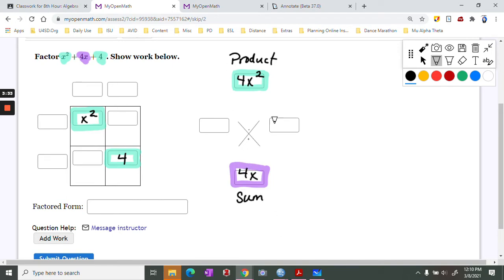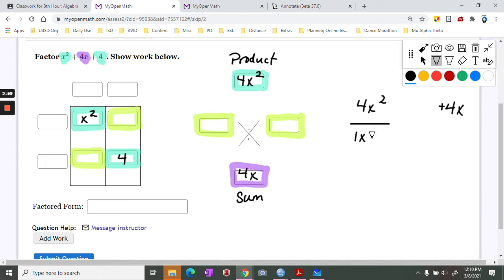Okay, so now I'm looking for the factors of 4x squared that add to 4x, and that is how I am going to split this 4x to fill in these two sides. Okay, so what are my factors of 4x squared that add to positive 4x?